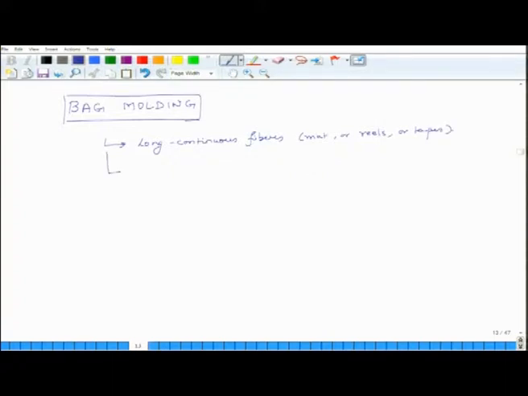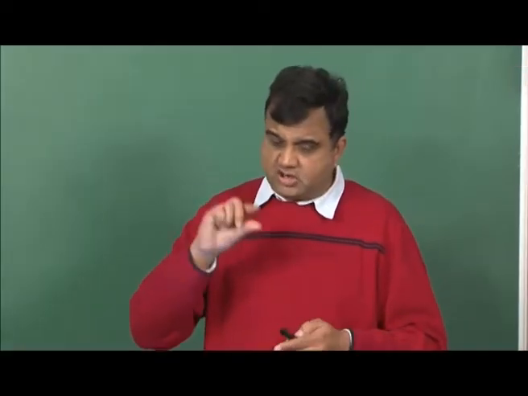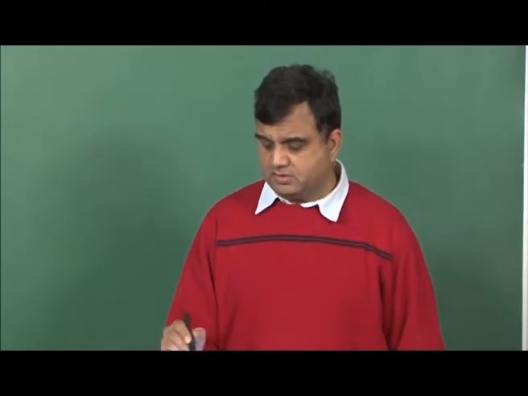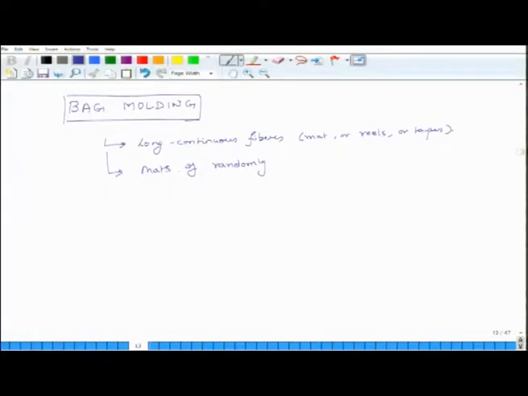We can also use this process if we have mats of randomly oriented fiber. You can buy very thin sheets of randomly oriented fiber, and these fibers are short in length. So, you can use the bag molding process to make composites using this material also: mats of randomly oriented short fibers.